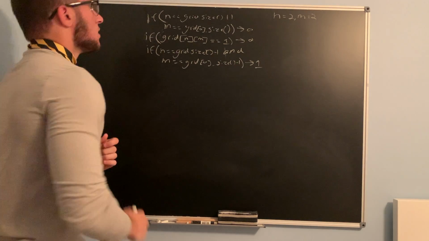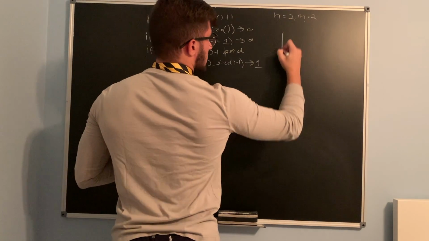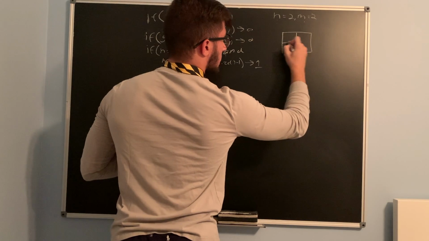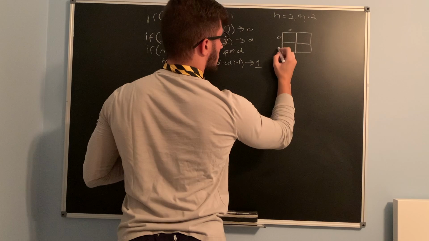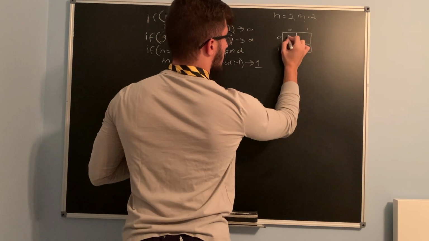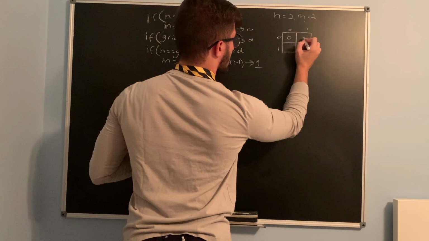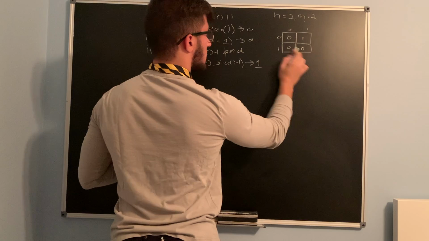Okay, so this n is 2 and m is 2 could be viewed as this little diagram, where our starting position is 0, 0, and the end is 1, 1, and we'll say this is a 0, this is a 1, 0, 0. And we're trying to get here while we're here.